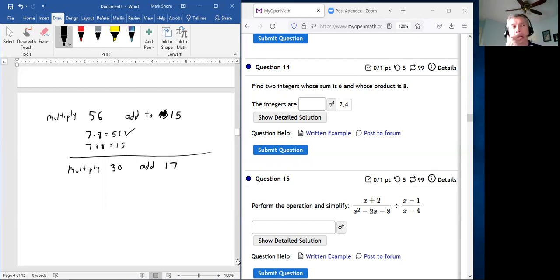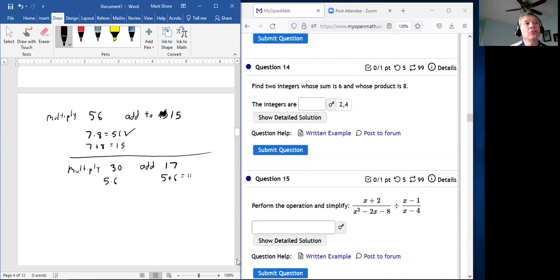So what would that be? 2 numbers that multiply to 30 and add to 17. Well, I know that 5 and 6 multiply to 30. But 5 times 6 does give you 30, but 5 plus 6 is only 11. So that won't do it.